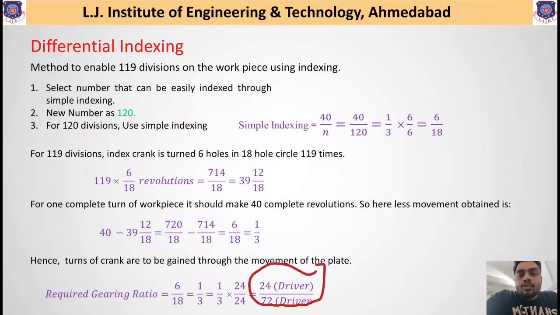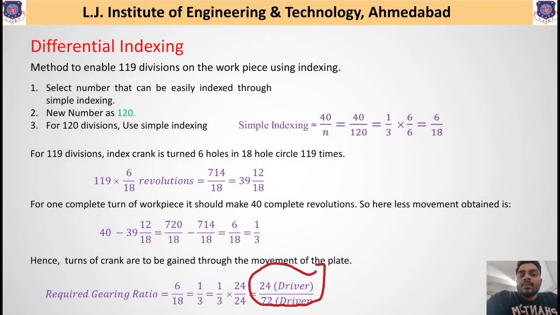So this 24 divided by 72 means the driver gear has 24 teeth, whereas the driven gear has 72 teeth. And as the movement obtained is less, we need to provide extra movement. That means if we are rotating the crank in the clockwise direction, then this gearing ratio has to be adjusted such that the extra movement provided is also in the clockwise direction.